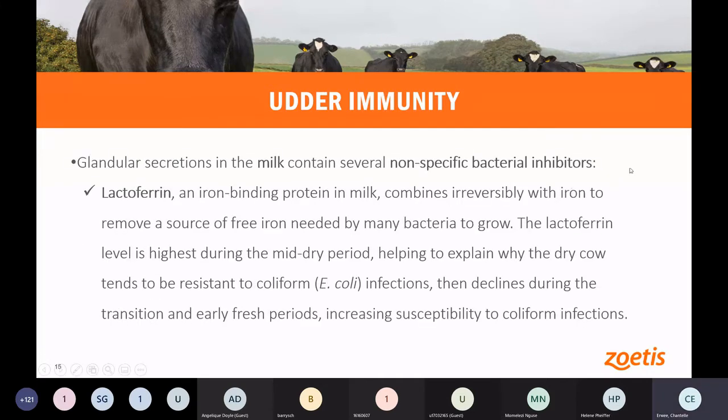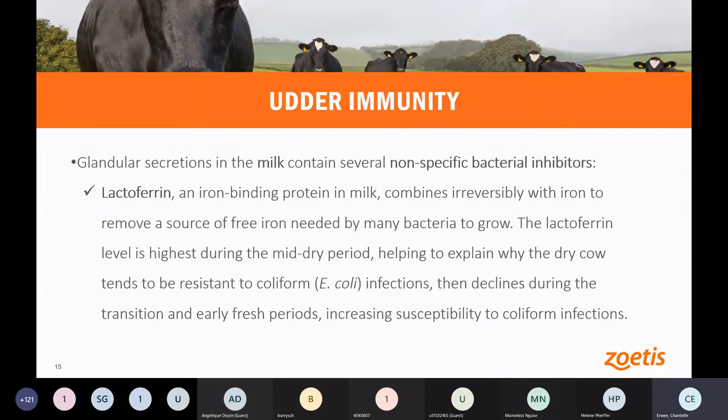Okay, so let's look at some other non-specific bacterial inhibitors that are in the milk. Lactoferrin might be one that you've heard of before, and this is a protein that binds to iron, and a lot of bacteria need iron to grow, and because the lactoferrin has now bound that iron, it's no longer available for the bacteria to grow.